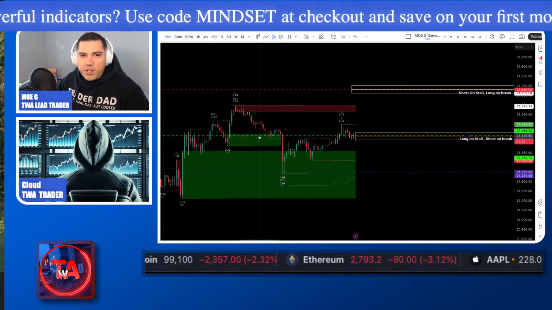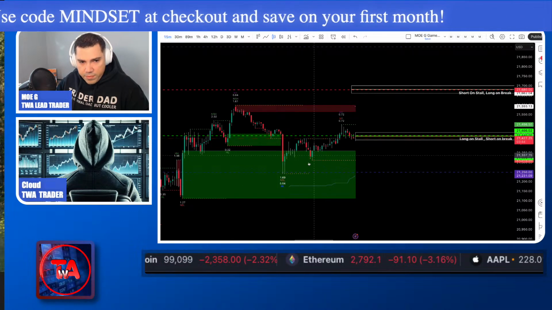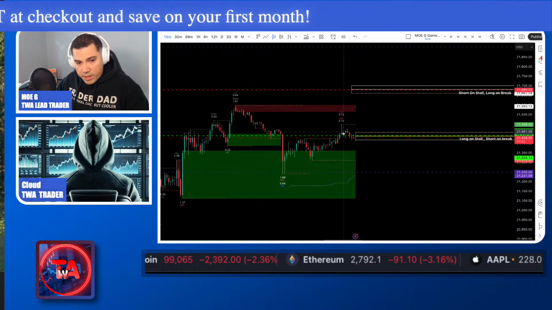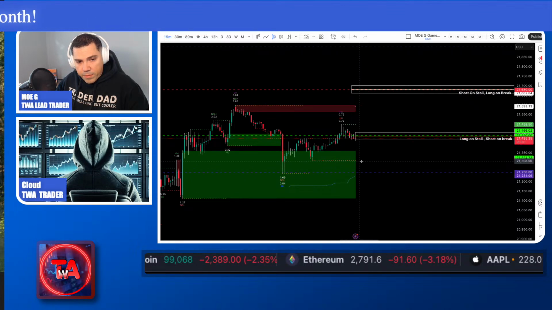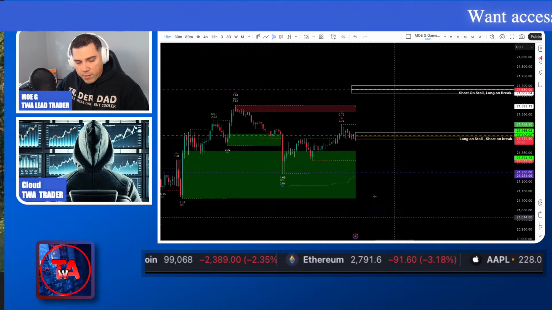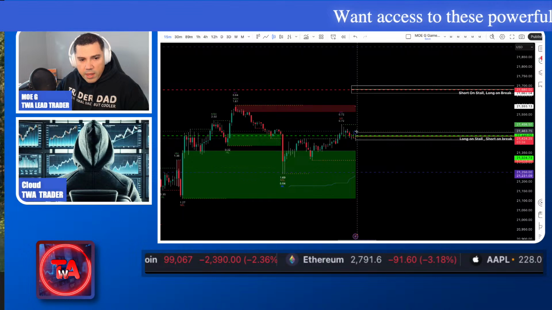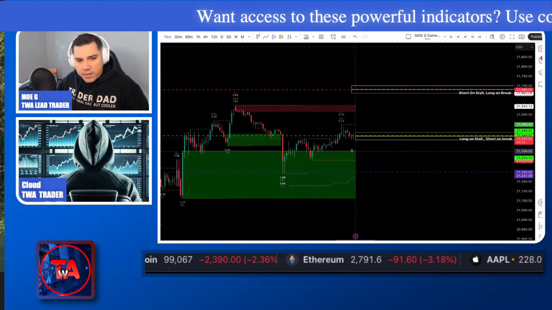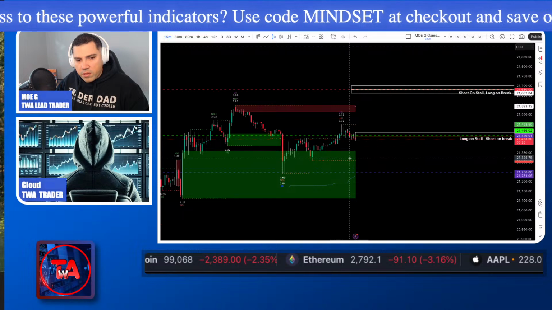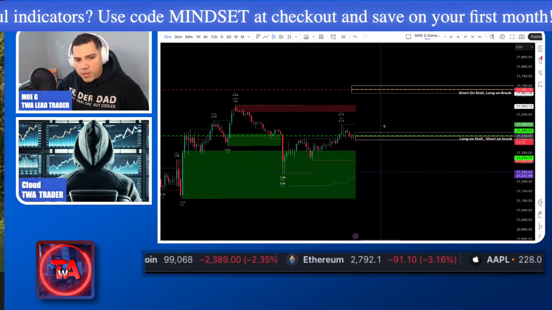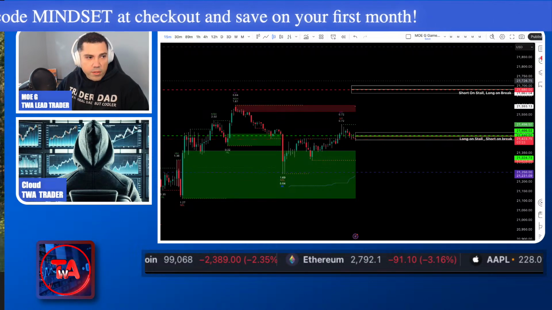If you use market structure, you can say, well, we have to see if we make a new low, then we obviously know which way we're going. If not, if we hit and stay above this green support box, then that's a good opportunity to look for longs.